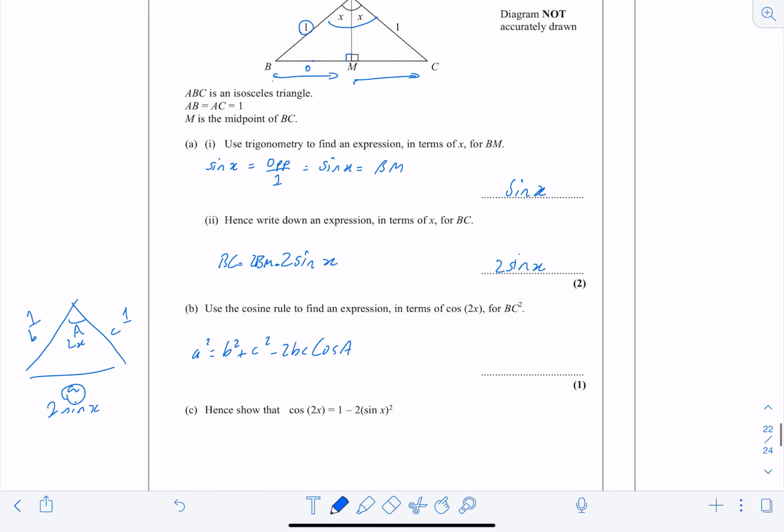So, actually, so A squared, so 2 sine x squared equals 1 squared, which is 1, plus 1 squared, which is 1, minus 2 times 1 times 1, which is 2, cosine of A, cosine of 2x.